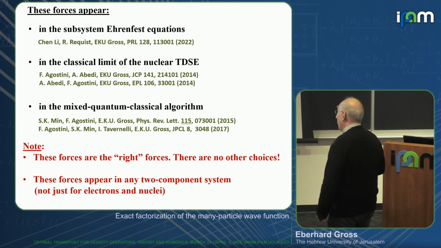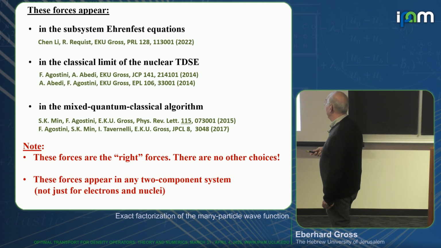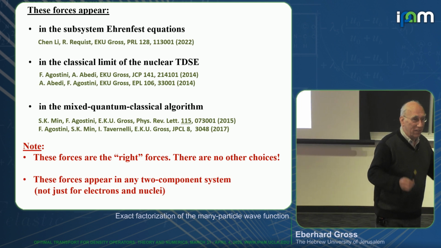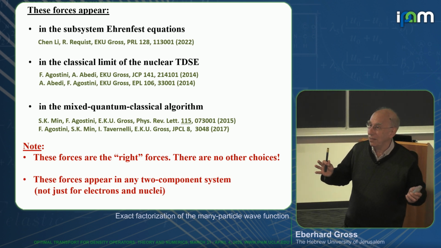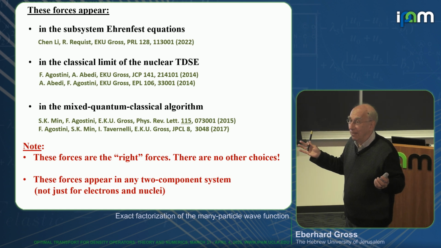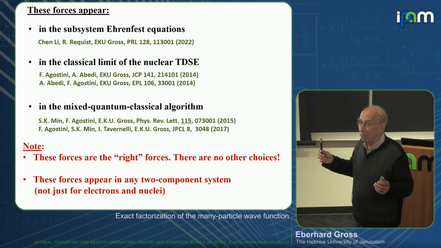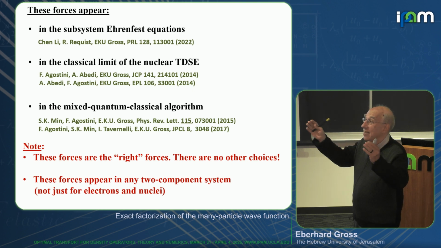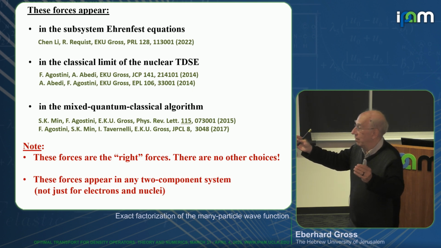Okay, now one thing that I also want to emphasize is this whole factorization business. You can do it for anything. You can do it actually, and we did that for the electronic structure problem as well. You have an n-electron wave function.